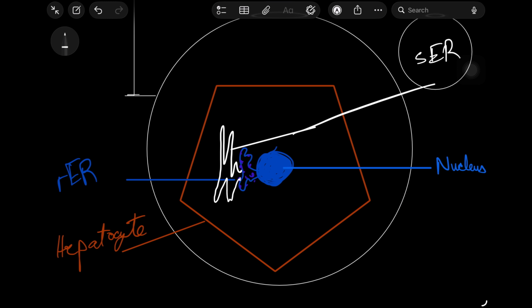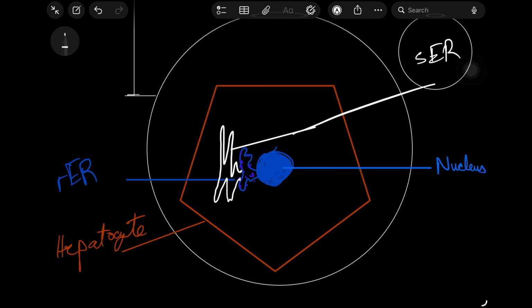This smooth endoplasmic reticulum hosts the cytochrome P450 system. It's a heme-based enzyme that essentially oxidizes drugs using oxygen and NADPH, nicotinamide adenine dinucleotide phosphate.